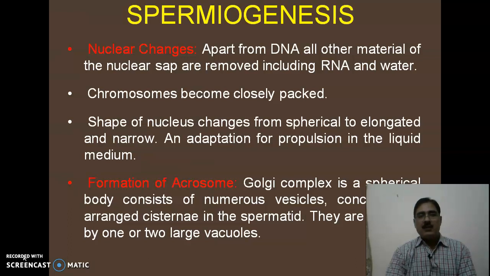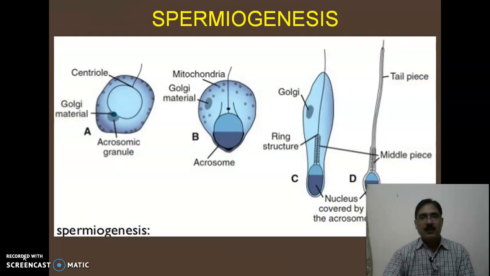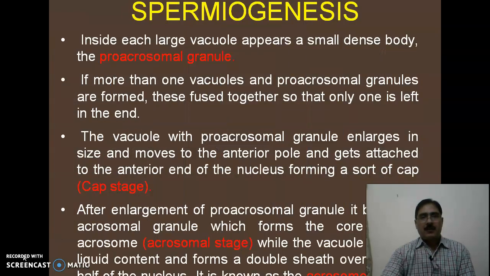The second change, which is more important, is the formation of the acrosome. The Golgi complex is a spherical body consisting of numerous vesicles and concentrically arranged cisternae in the spermatid, and they are replaced by one or two large vacuoles. Inside each large vacuole appears a small dense body known as the proacrosomal granule.